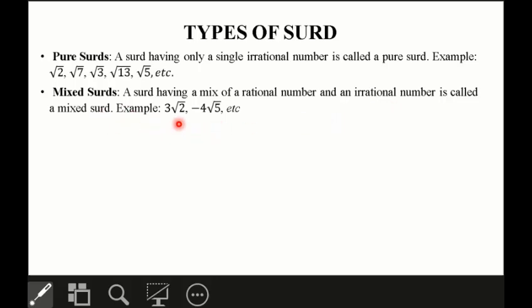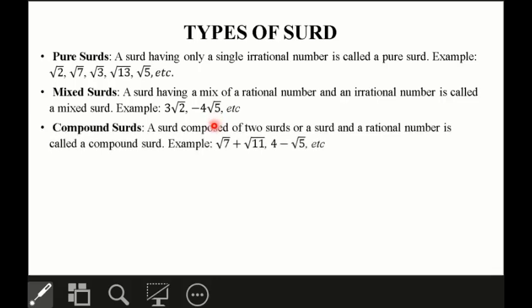So a mixed set is a set which has a rational part and an irrational part. We have an example here which is 3 root 2. So the rational part is the 3 and the irrational part is what? The root of what? 2. Another example is negative 4 root 5. The rational part is negative 4 and the irrational part is what? Negative what? 5. Very good.